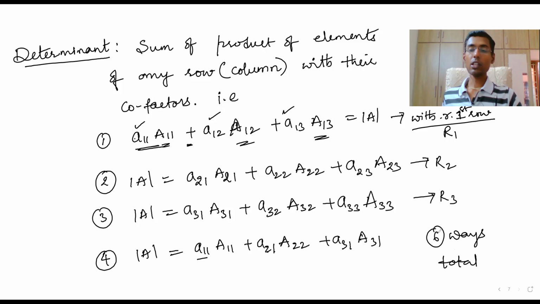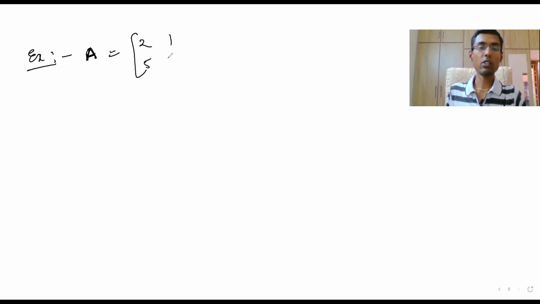This is a third order determinant; second order is also like that. For example, you have a 2 by 2 determinant: 2, 1, 5, 3. Here also M11 will be there.